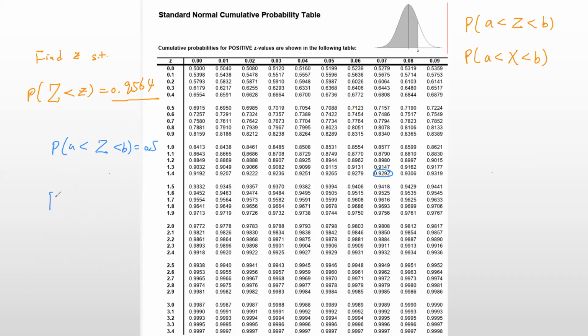So normally we have a symmetric interval. Then we are actually able to do that. For example, we're looking for positive z, with negative z and positive z here, and this is 0.5.